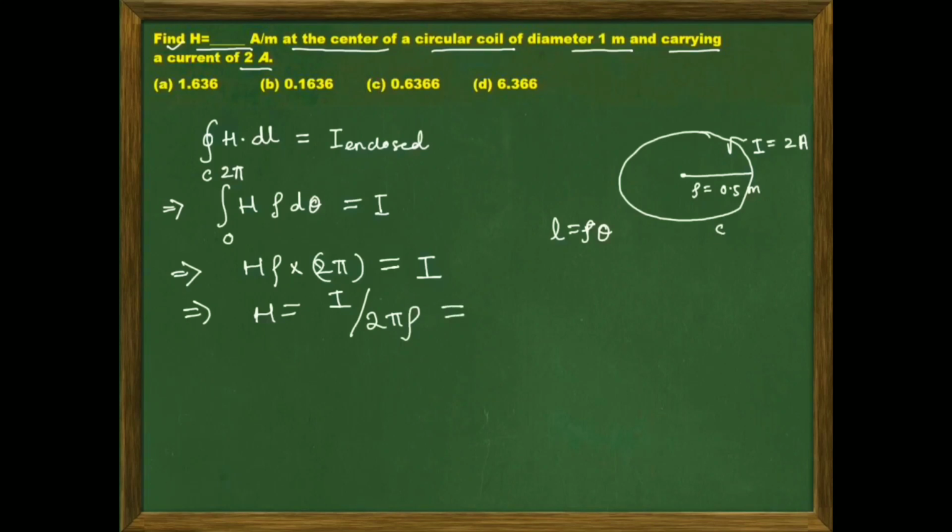So put in the values: 2 pi into rho, which is 0.5, as given in the question. By calculation we get 0.6366. So option C is the right answer.